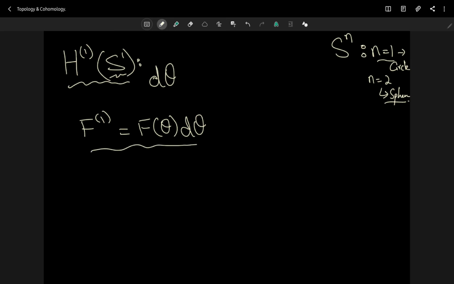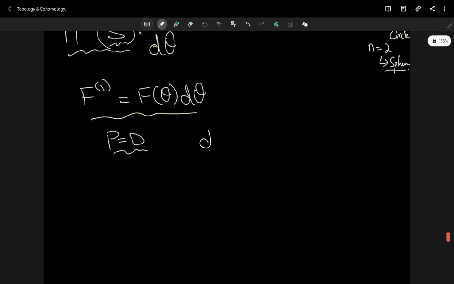And again, we find that since over here p is equal to d, the dimension, then df would vanish, because this implies it's a top form, and that simply implies that the exterior derivative of the form is 0.